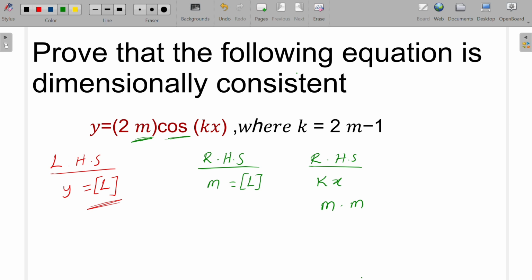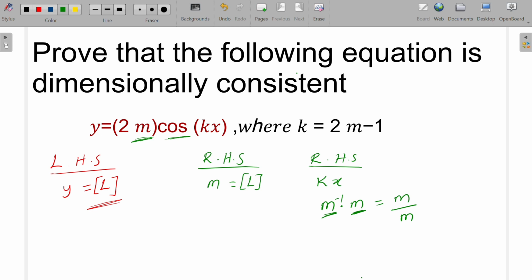So what we have is m to minus 1, that is multiplying by m. So m minus 1 multiplying by m is the same as m, which is this m here that doesn't have a negative power, dividing by m, which is this m here that has got a minus 1.